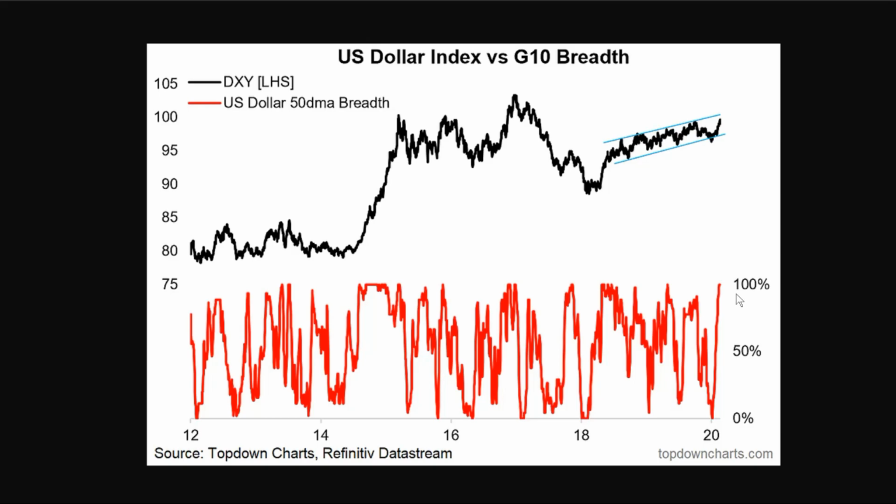At the same time, that red line is moving up towards overbought levels now. So when you've got such an enduring trend channel and this move up towards the top end, it is going to be a key test for the US dollar.